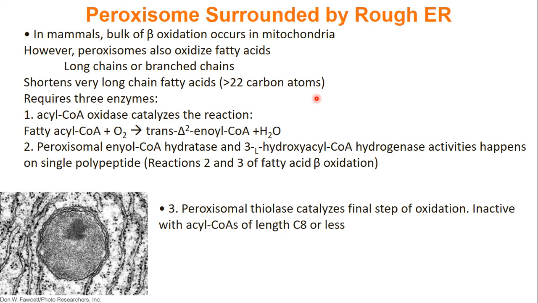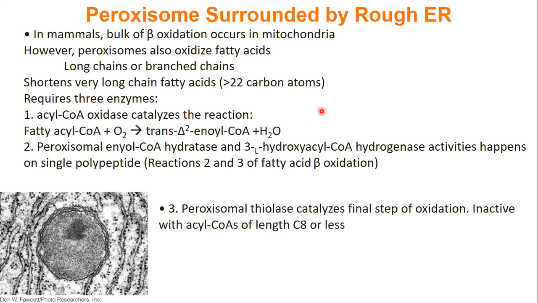Acyl coenzyme A oxidase will catalyze the reaction of fatty acyl coenzyme A plus oxygen to get our trans delta 2 enoyl coenzyme A. So then we have a peroxisomal enoyl coenzyme A hydratase and 3L hydroxyacyl coenzyme A dehydrogenase.